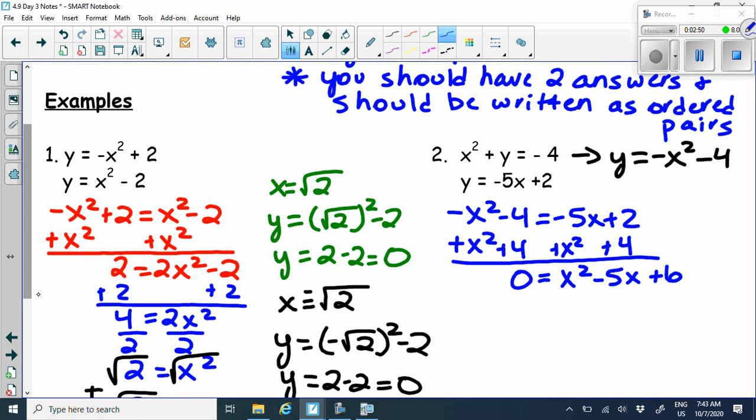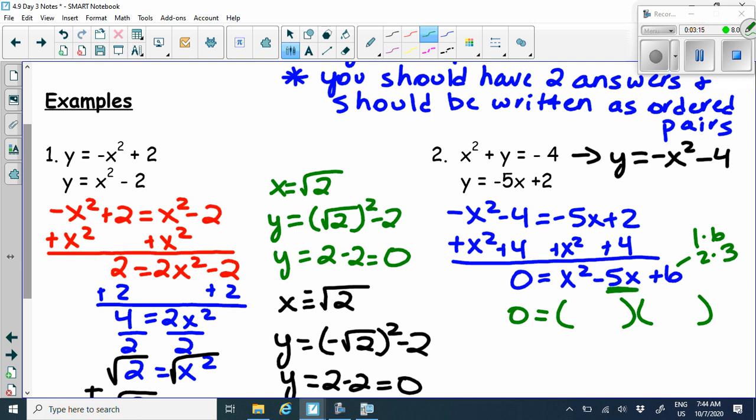Okay, now we are going to solve. So remember, we should get 2 answers and write them as ordered pairs. Okay, so to factor, we have 2 sets of parentheses. Here, a value is 1, so I just find all the numbers that multiply to our last term, the constant, which is 6. So we have 1 and 6, 2 and 3. Which pair will add up to our middle term of negative 5x?